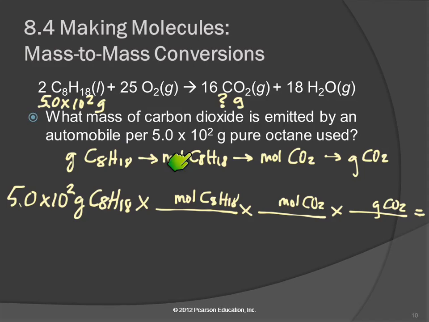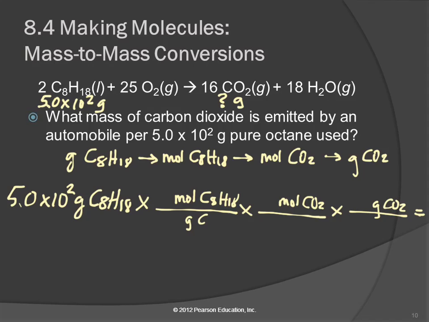You see, I wrote this path down, and that tells me what to do here. Grams C8H18 to moles C8H18 to moles CO2 to grams CO2. Exactly what I had up there. Now I need to put units in the bottom. The unit in the bottom is just the previous unit. I need this unit to go away, so I'm going to divide by that.